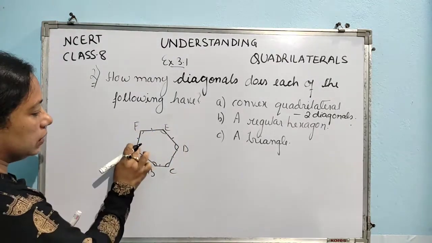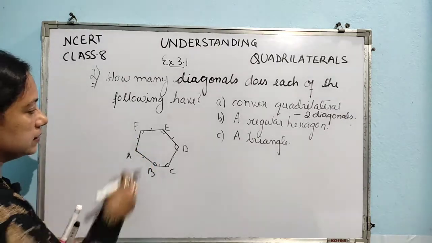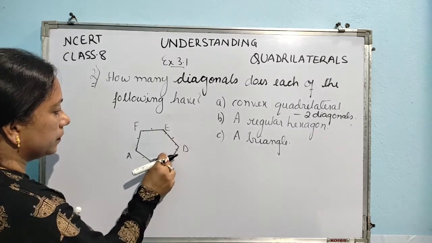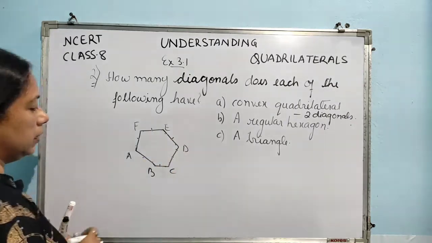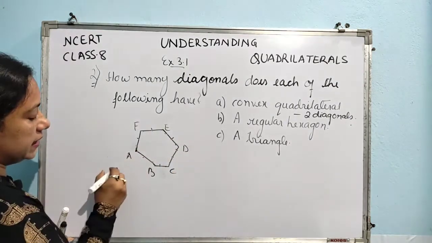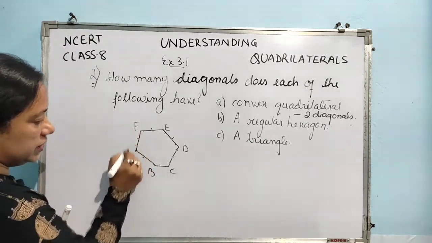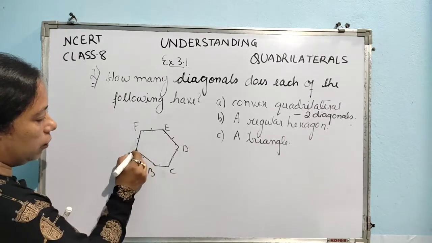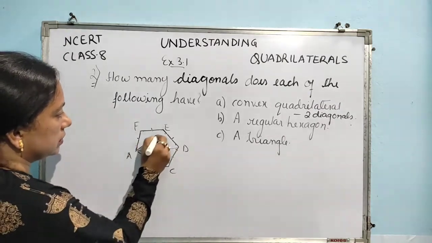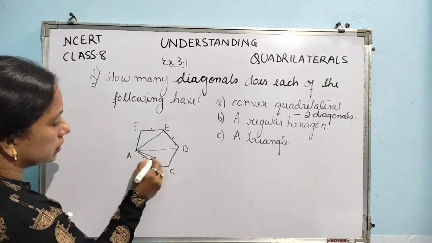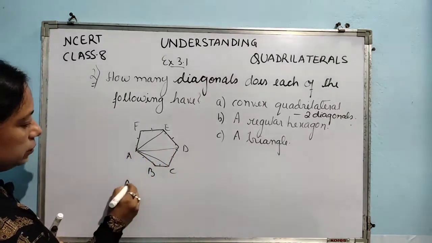Now, let's rub this so that our figure becomes clear. If I consider the vertex A, B and F are the consecutive vertices. So leaving these 2, I will be joining all the other vertices. So from A we can draw 3. What are those?